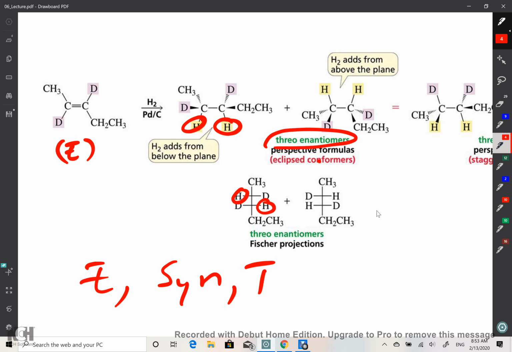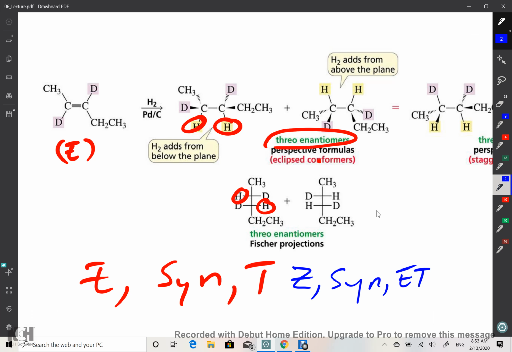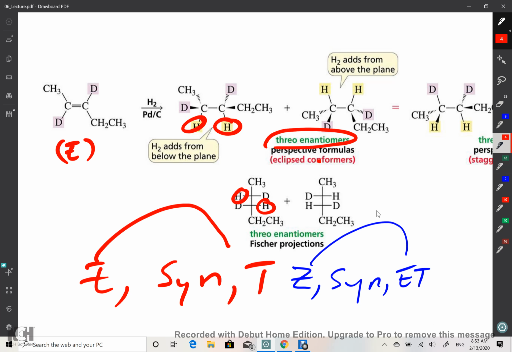And then the Z isomer performs a syn addition to give you an erythro product. Does that make sense? And all of them are stereospecific. They're stereospecific because the Z gives you the erythro and then the E gives you the threo. That's why we refer to them as stereospecific.